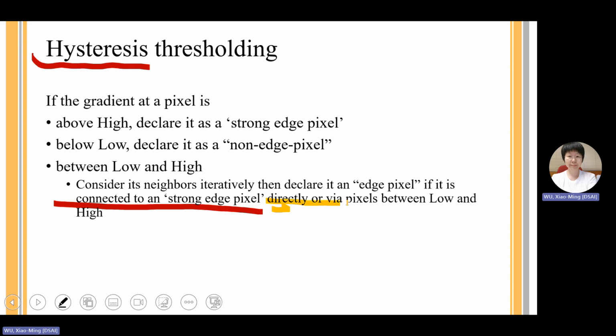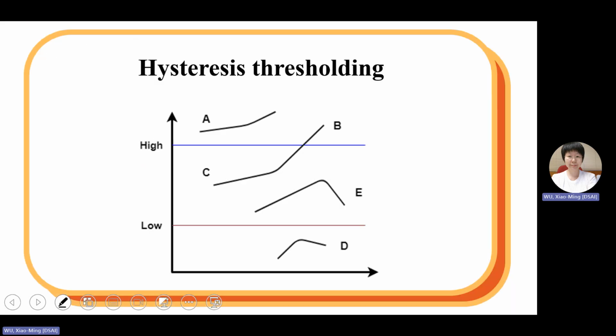If those weak pixels are connected directly to a strong edge pixel, they are also considered edge pixels. If they are not directly connected to a strong edge pixel, but are connected to a strong edge pixel via weak edge pixels, then they are also considered edge pixels.